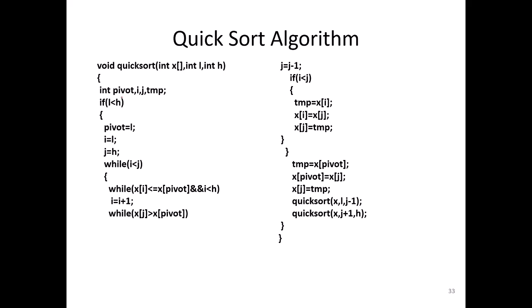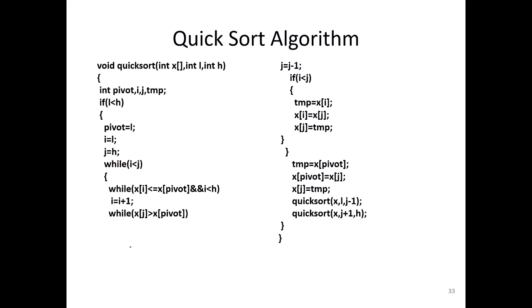We declare the pivot element, I value, j value and a temporary variable for swapping. If L less than H, just proceed. We consider the L value, that is the 0th value, as the pivot, and I value is also L initially, and j value is the last value, that is n-1.